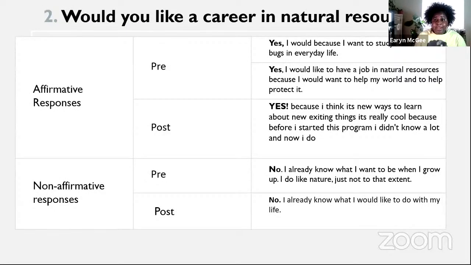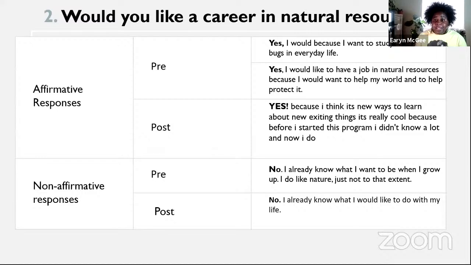So would you like a career in natural resources? Some girls were interested in these careers even before the program. For example, one girl said, I would because I want to study flowers and bugs in everyday life. But some weren't interested. One said, no, I already know what I want to do and what I want to be when I grow up. I do like nature, just not to that extent.